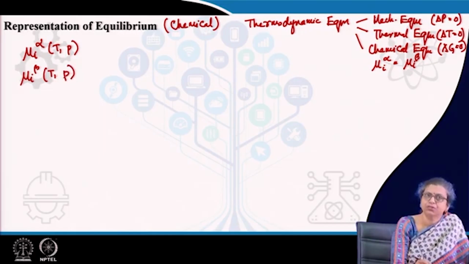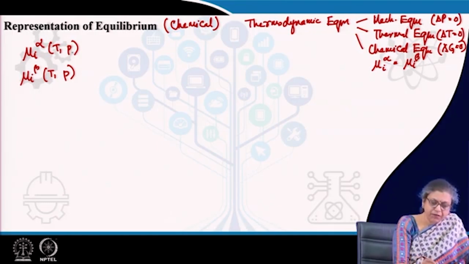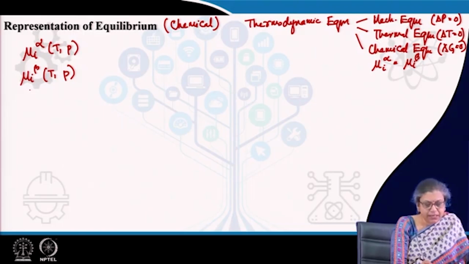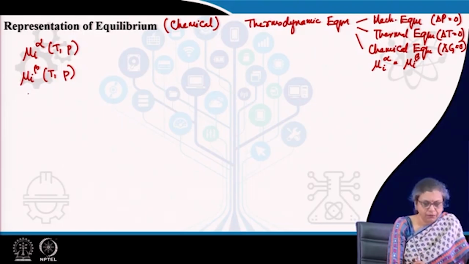Using those relationships we can find mu I alpha and mu I beta, and if we find that mu I alpha is greater than mu I beta, I moves from alpha to beta phase. If mu I alpha is less than mu I beta, then I moves from the beta to the alpha phase.